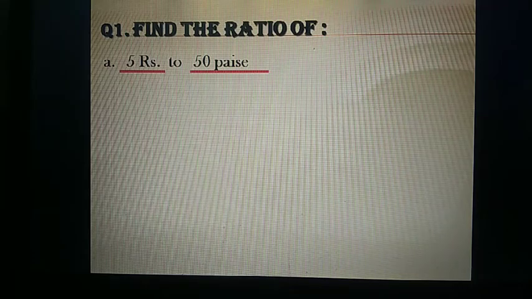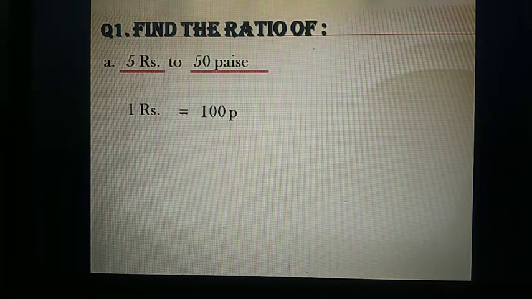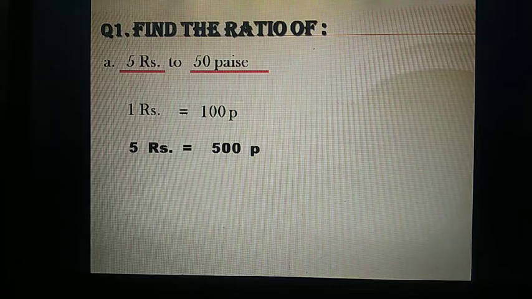Converting the bigger unit into the smaller one, that is rupees to paisa. As we know, 1 rupee means 100 paisa. So 5 rupees means 500 paisa. Now in place of this 5 rupees, we will use 500 paisa.